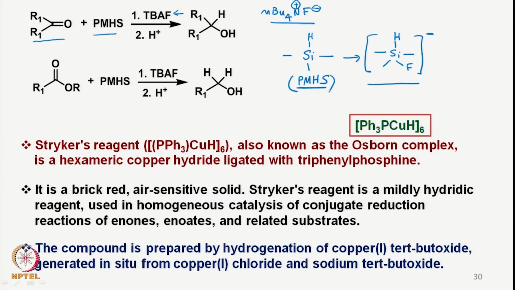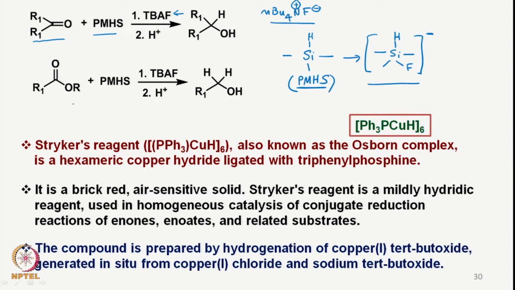So, basically this is the modified species which is formed when the TBAF interacts with the PMHS. The reduction occurs in a slightly different way than the normal reduction that we expect from normal silanes, where we first make the compound under acidic conditions and then we carry out the reduction.